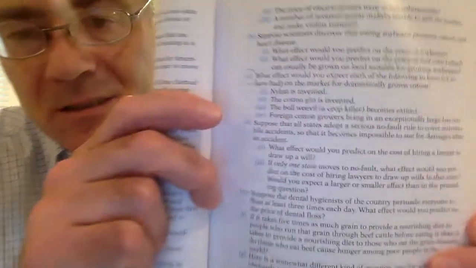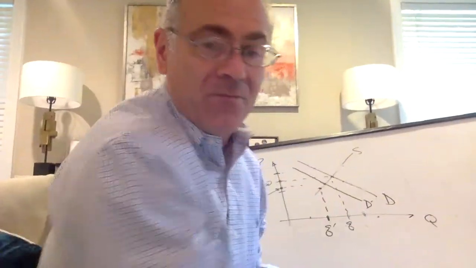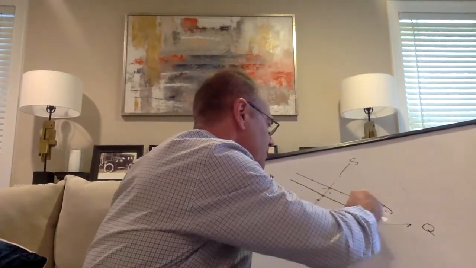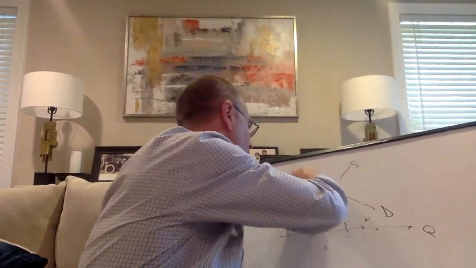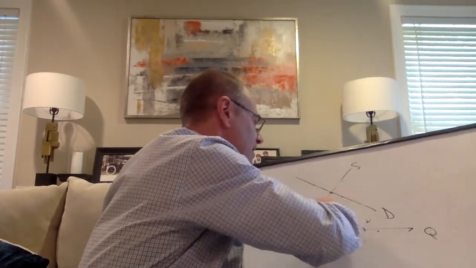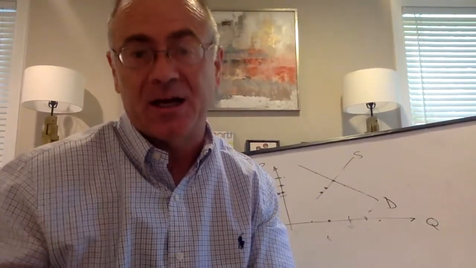Okay, nylon is invented. Part C2, the cotton gin is invented. What happens when the cotton gin is invented? That means it's easier to produce cotton.